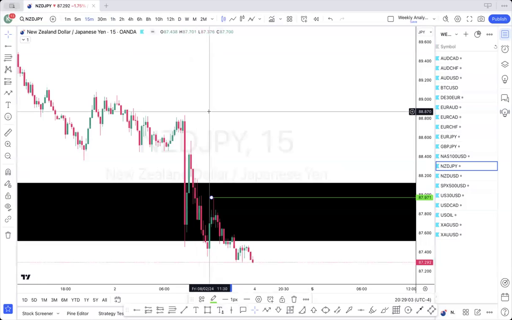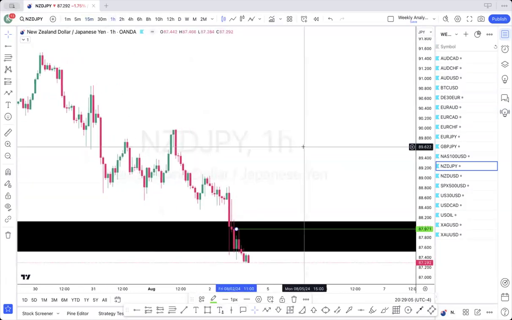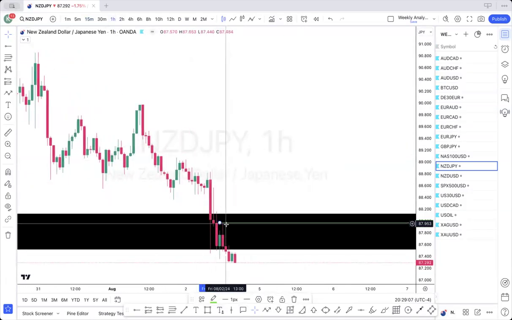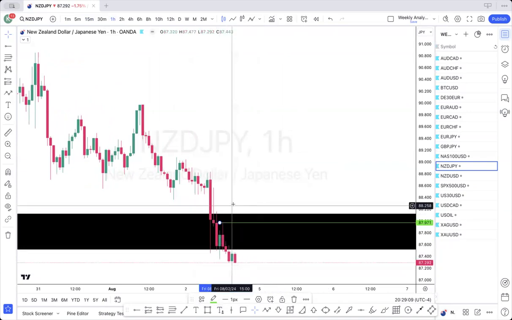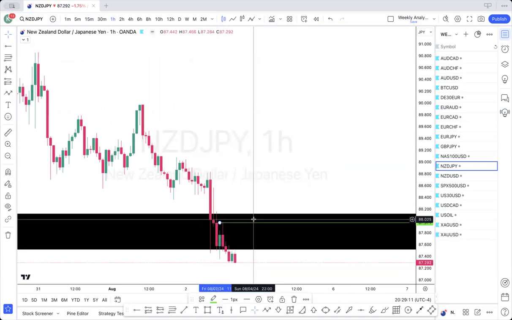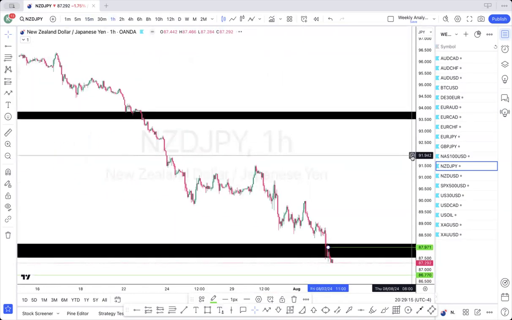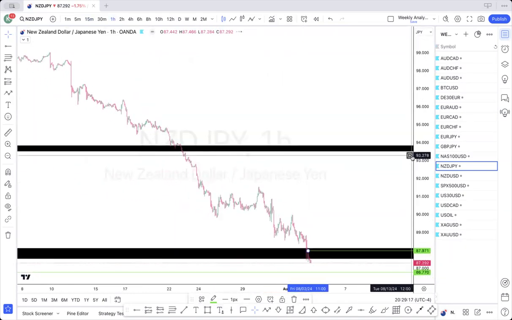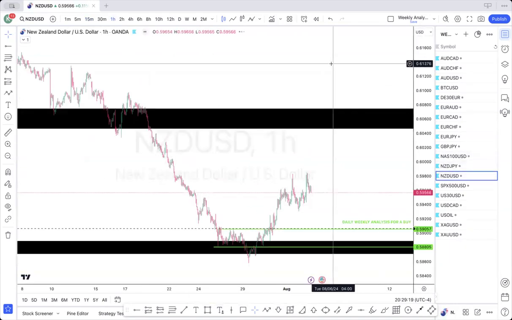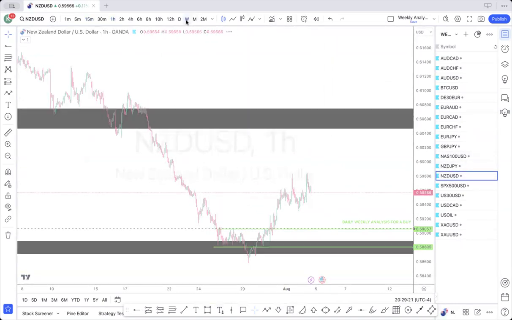So yeah, currently, and I can just go to the 1 hour to show you that this is the high. So price would need to break this high, pull back, and then continue buying or start buying.